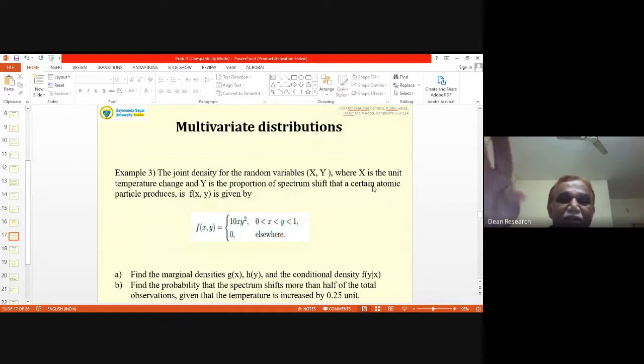It is given that the joint density for random variables x comma y, where x is the unit temperature change and y is the proportion of spectrum shift that a certain atomic particle produces. Atomic particles move, right? Very rapidly they move. Anybody from physics in our class? I think there are a few, right?